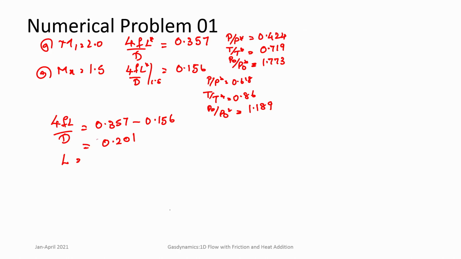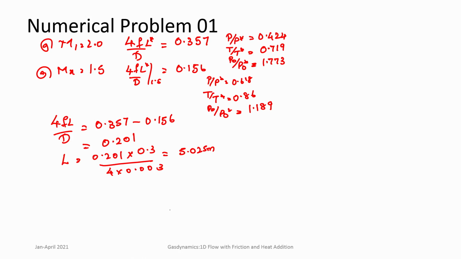So, L is 0.201 multiplied by the diameter, which is given as 30 centimeters. So, 0.3 divided by 4 multiplied by 0.003, this turns out to be 5.025 meters.